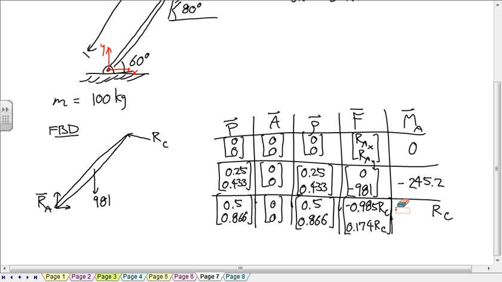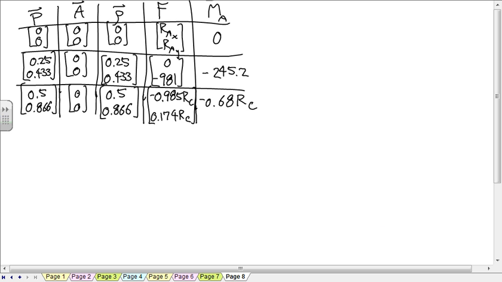Oh, it should be positive. Okay, so 0.94. Anyone else? Okay, positive 0.94.